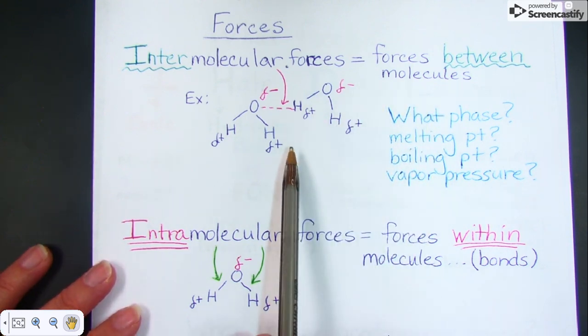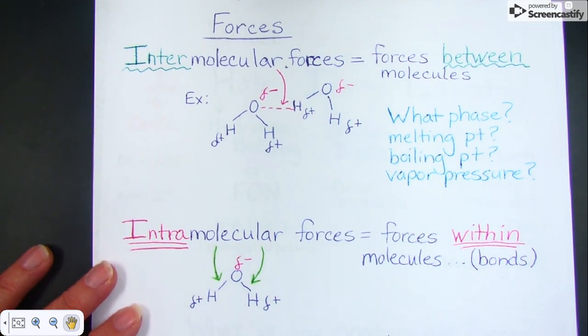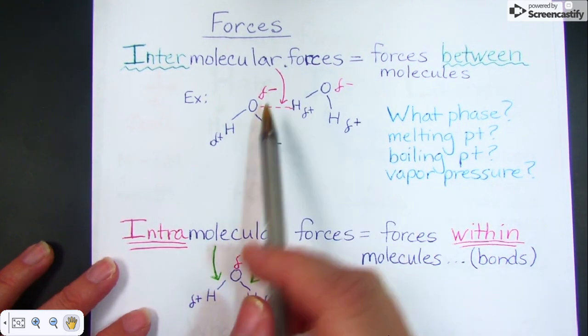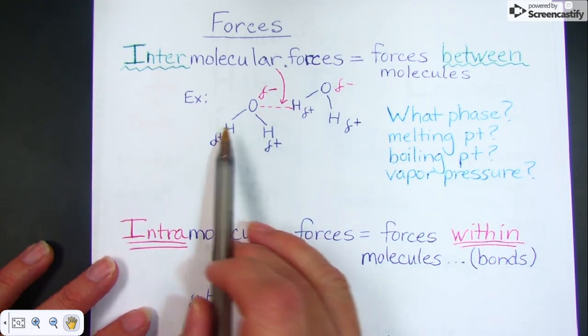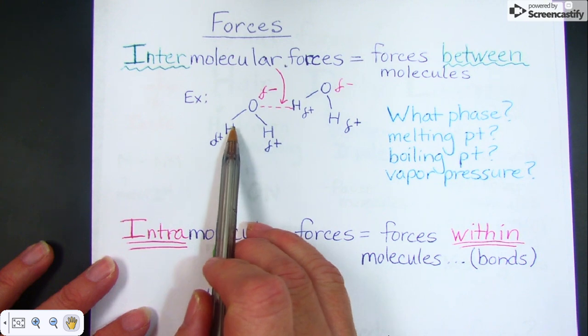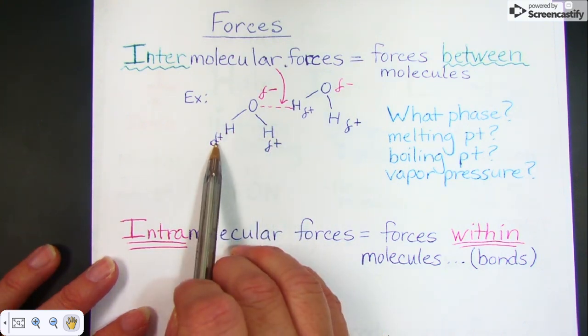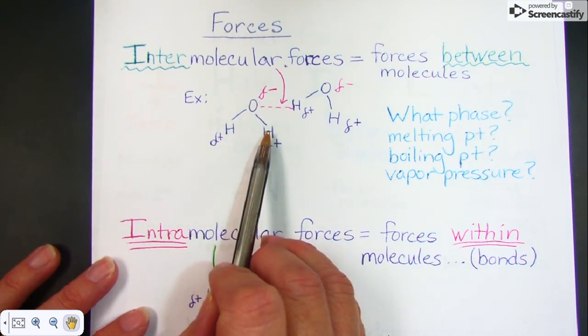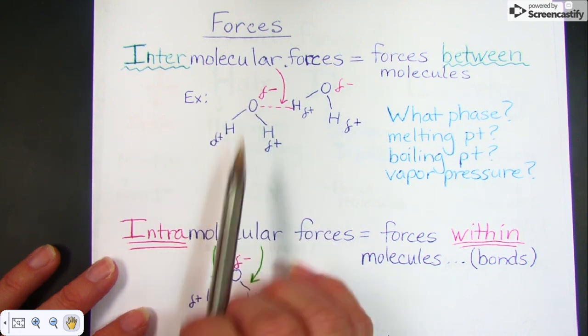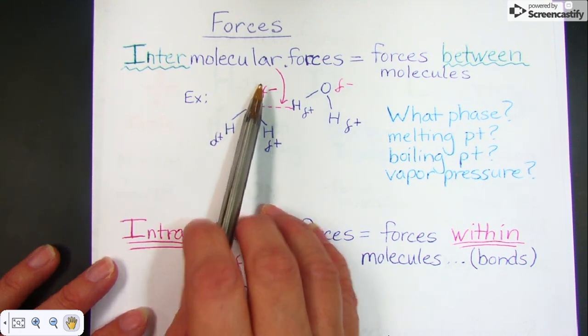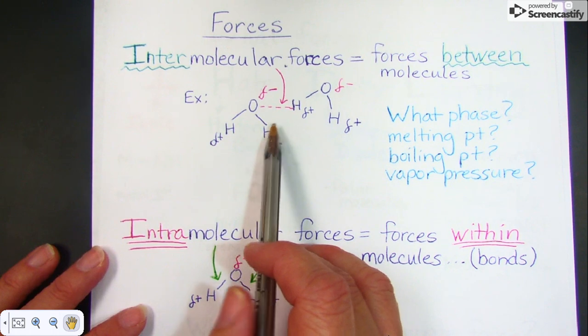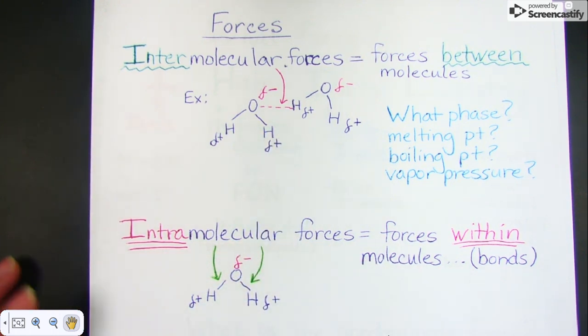As you can see, I drew a nice little picture here of water. This is one water molecule right here, the H2O. And then we have partially positive and partially negative because it is polar. So we have a pole going towards that oxygen, pulling the electrons more than the hydrogens.